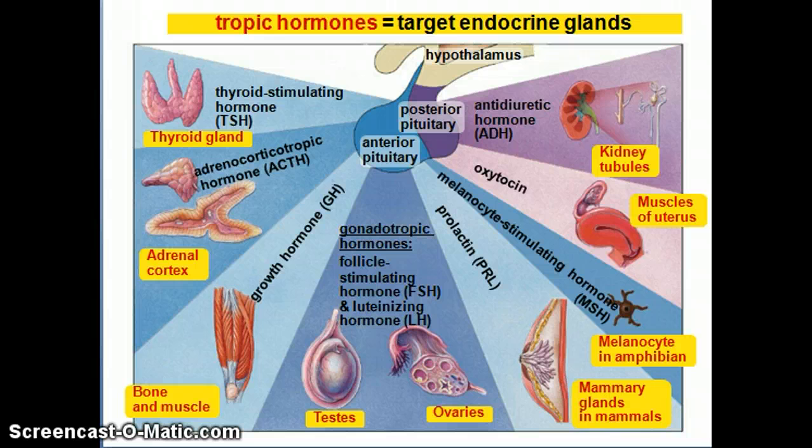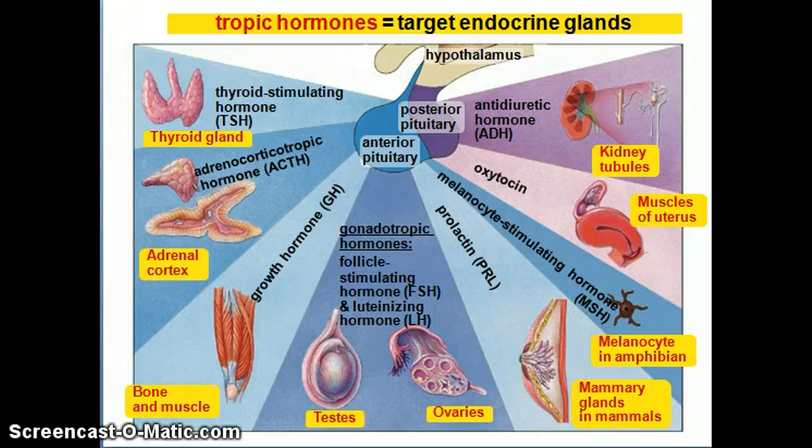Tropic hormones are the other type of hormones that are involved within the pituitary gland, and these ones are found in the anterior pituitary. So these tropic hormones are hormones that target other endocrine glands.